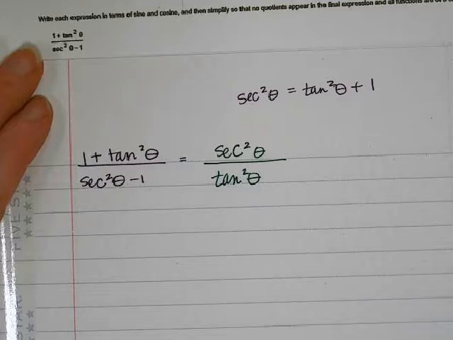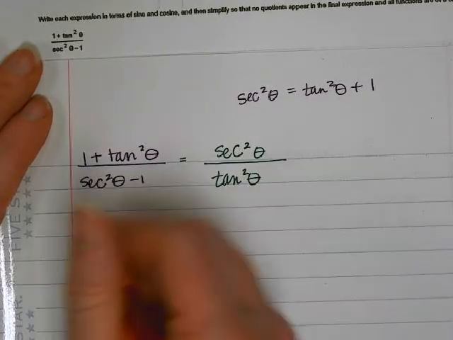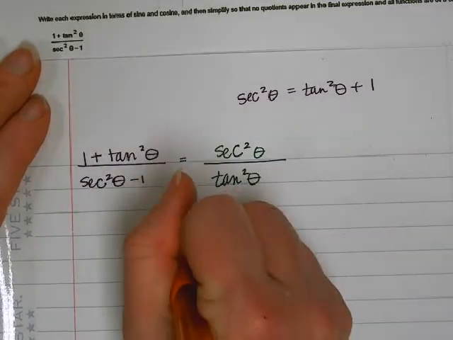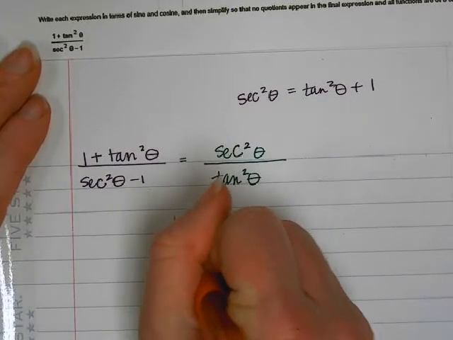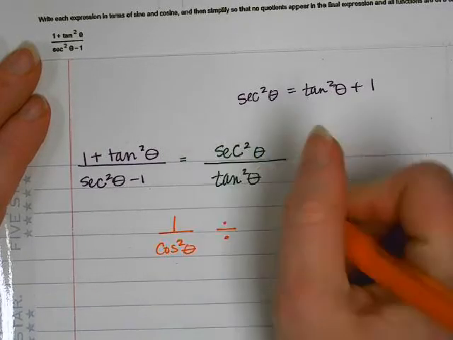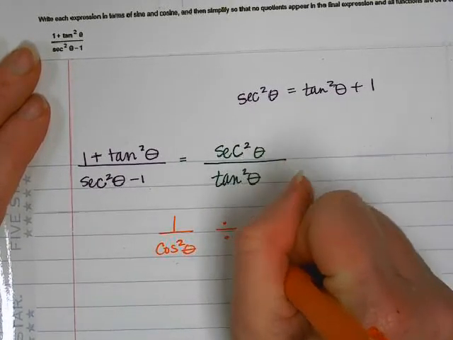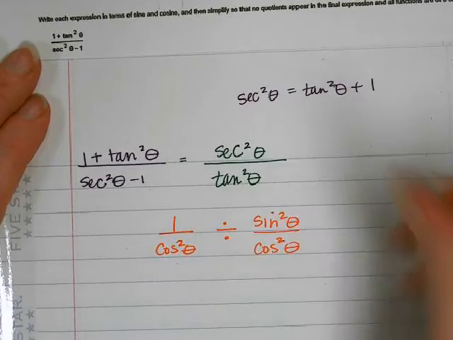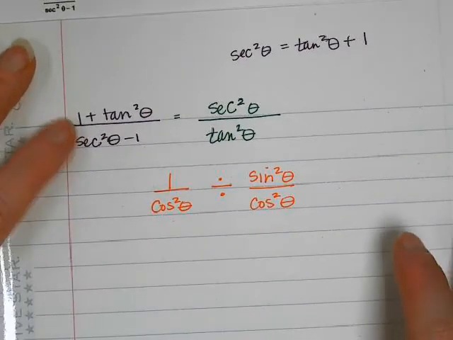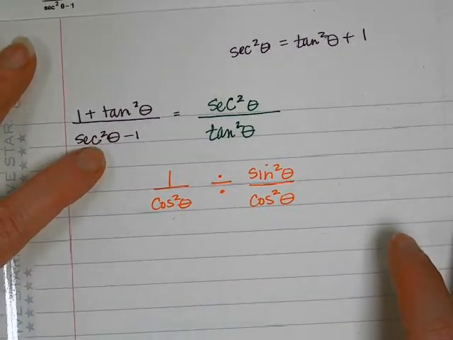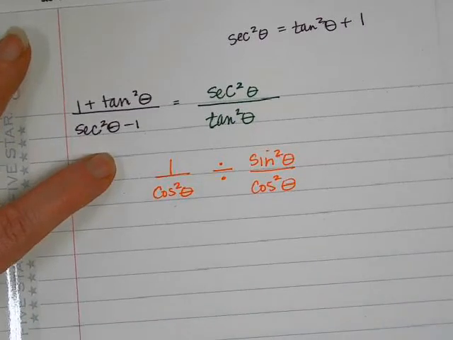All right, now I'm going to write it horizontally. Secant squared is 1 over cosine squared theta divided by sine squared over cosine squared, because that turns into tangent. So then I can keep, switch, flip.